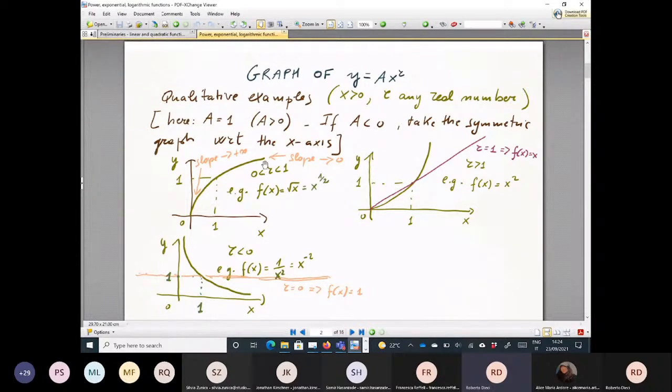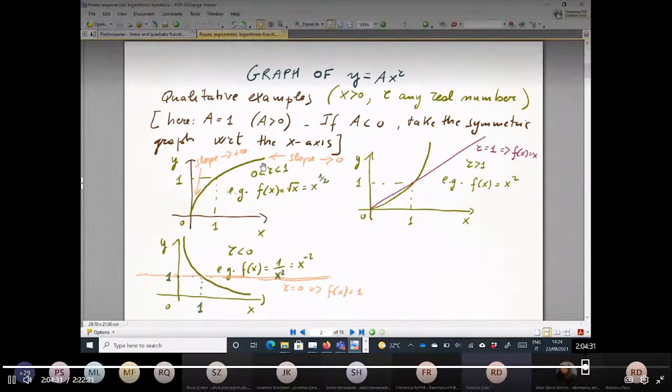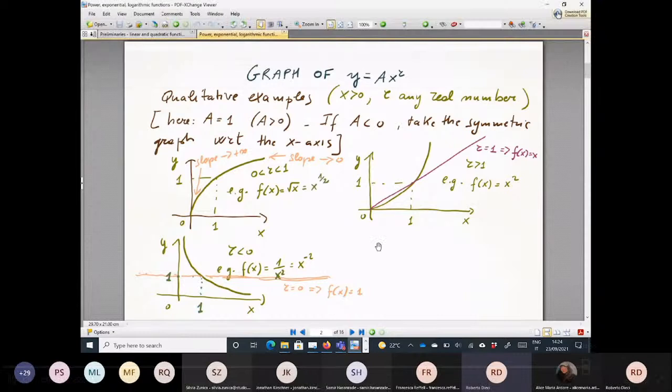All cases are similar qualitatively to this one. This is the case in which r is positive and larger than 1, which is a branch of a parabola, basically.